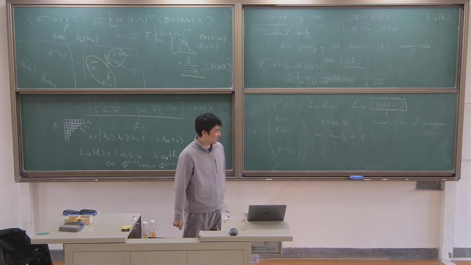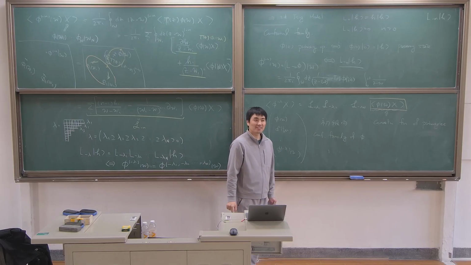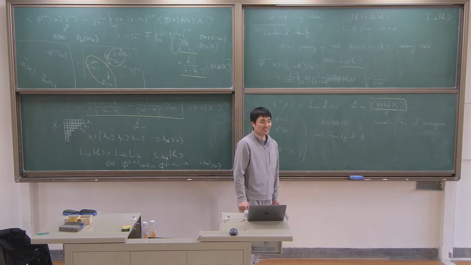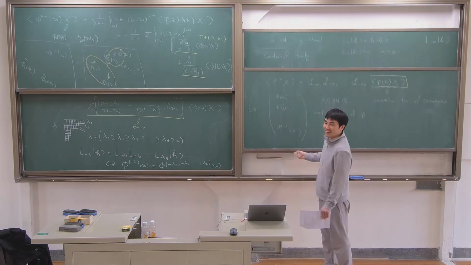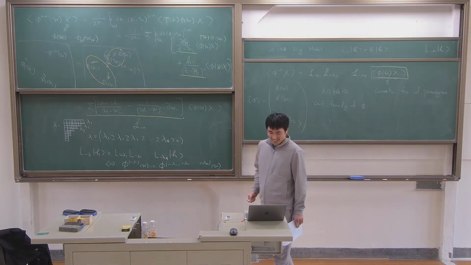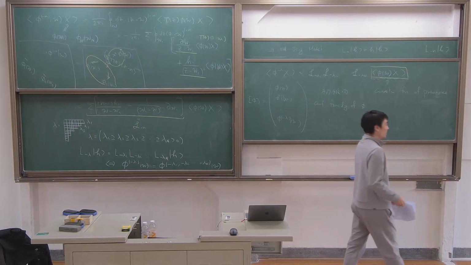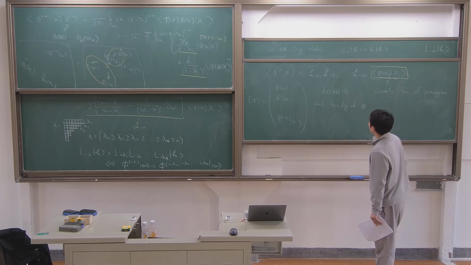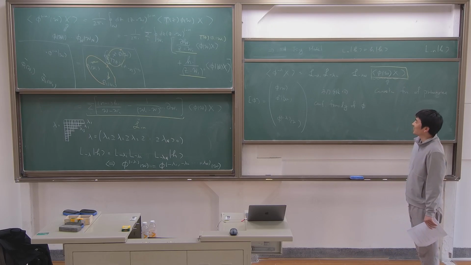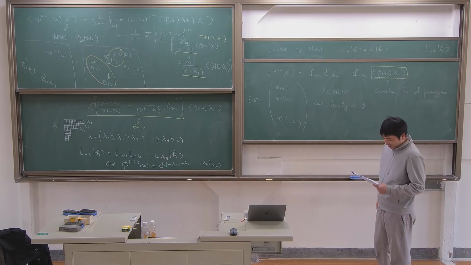So conformal family, 共形家族, is it? How do you say conformal family in Chinese? Anyway, that's the terminology. It's just terminology, right?